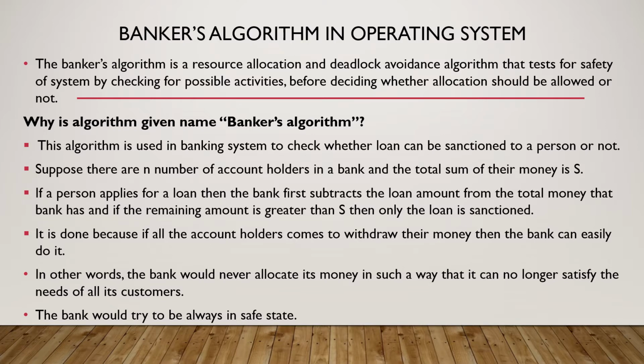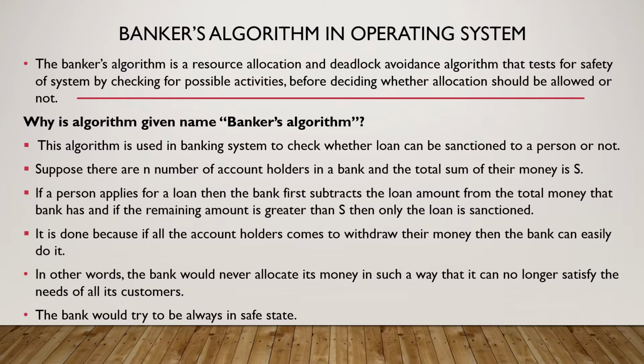If any loan is to be sanctioned to a person, suppose there are n number of account holders in the bank and the total sum of their money is capital S. If a person applies for a loan, the bank will first subtract the total sum, that is capital S, from the amount the bank is having, and only if the amount is greater than S will the loan be sanctioned.